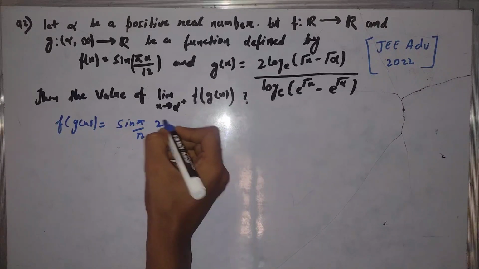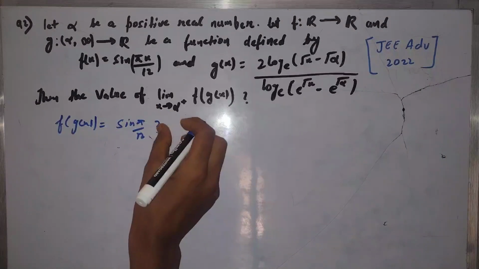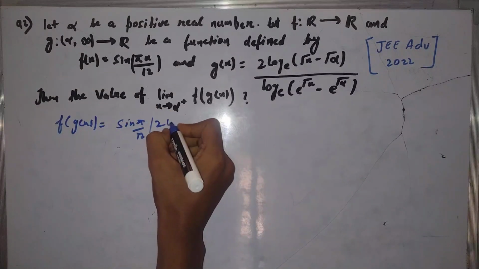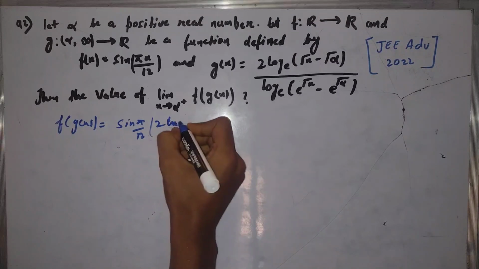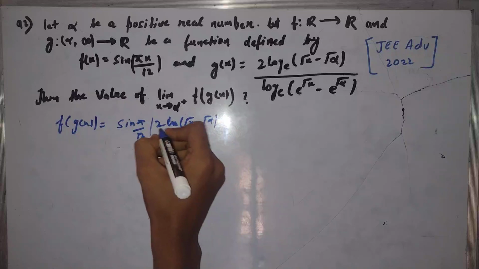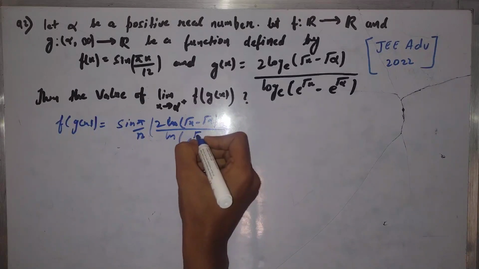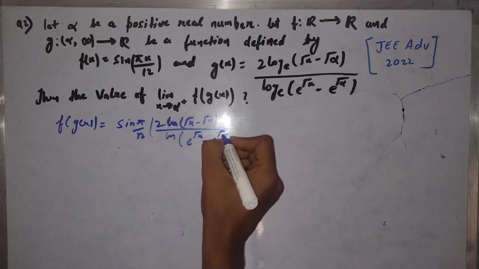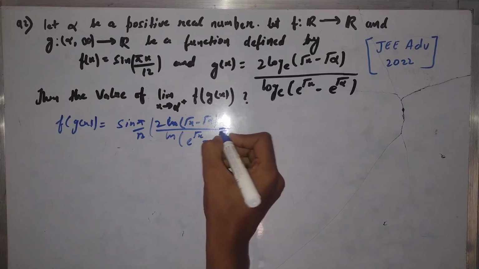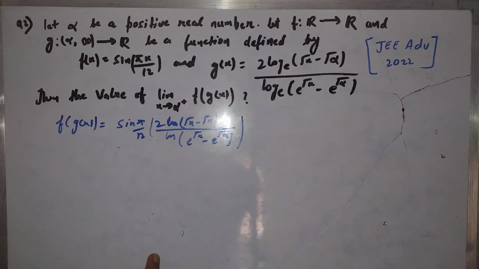So we are going to write 2 ln(√x − √α) upon ln(e^√x − e^√α). This is f of g(x).